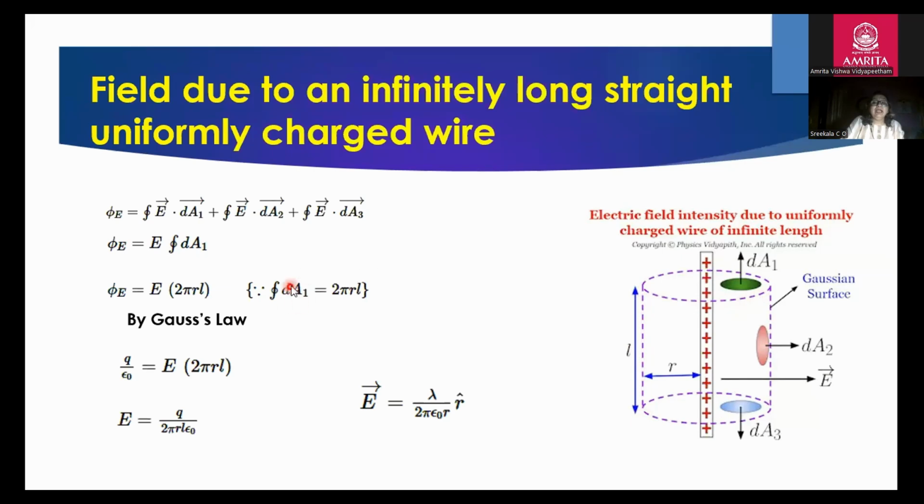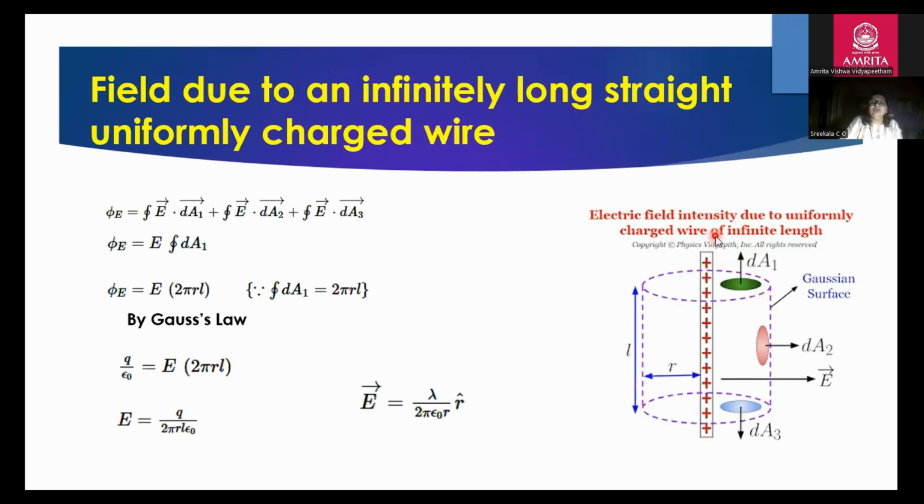So this area dA2 is 2 pi R L, and the flux is E into 2 pi R L. By Gauss law, E into 2 pi R L is equal to Q by epsilon 0. So E is equal to Q by 2 pi R L epsilon 0, where Q is the charge enclosed by the Gaussian surface.